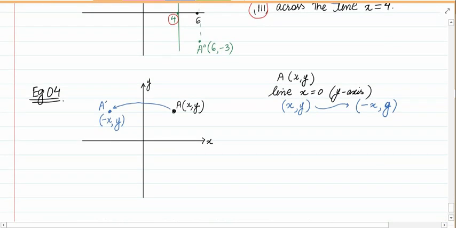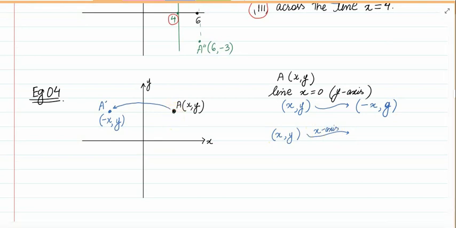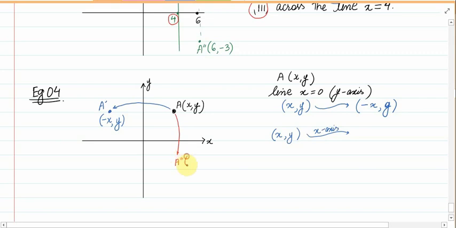Similarly, if the same point x comma y reflects on the x-axis, right? By x-axis I mean that red pen for this question. This point will be shifted over here, and I'll say that it's a double dash.